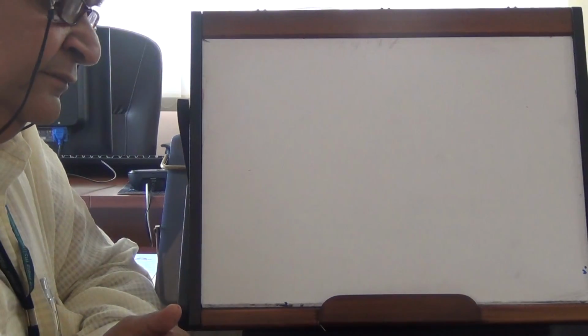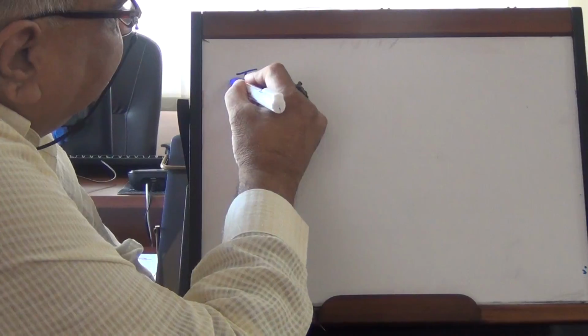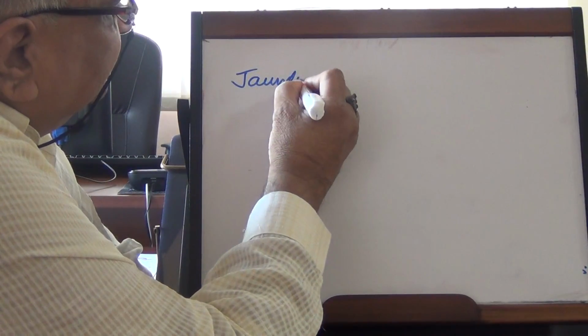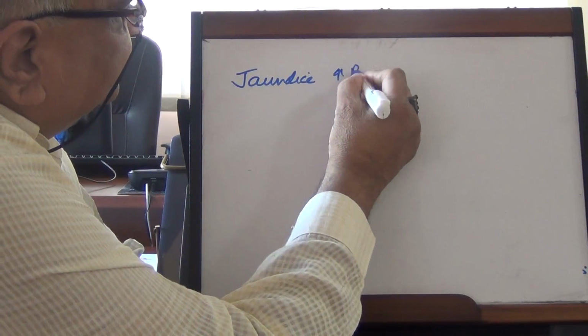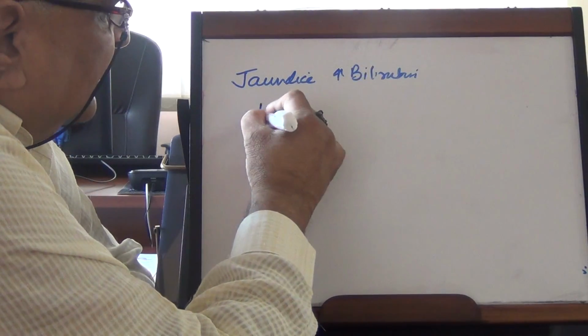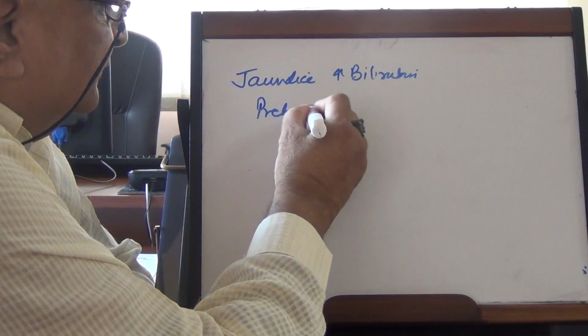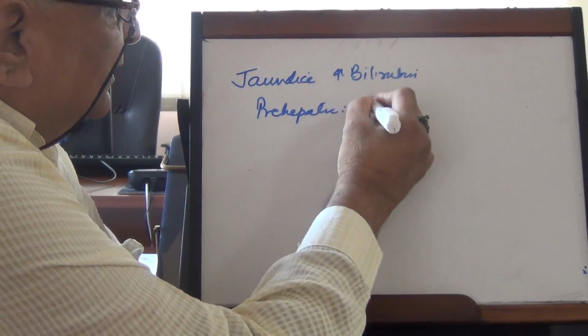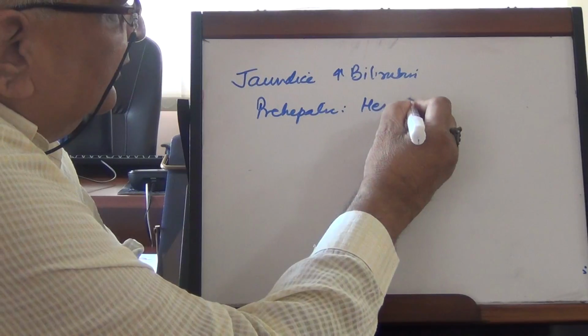Jaundice, excess bilirubin in blood, can be prehepatic because of excessive hemolysis.